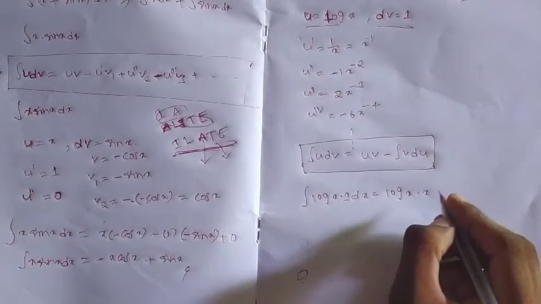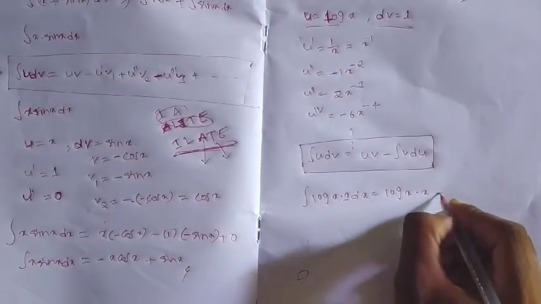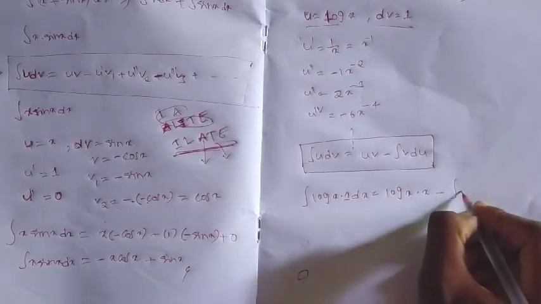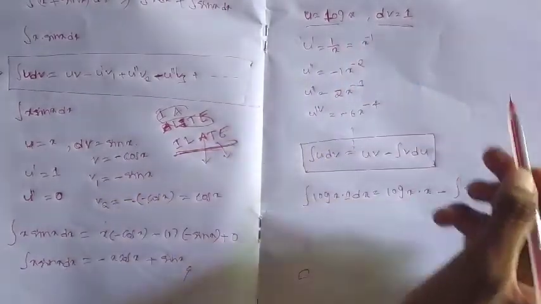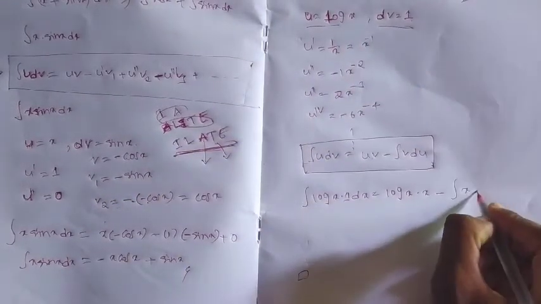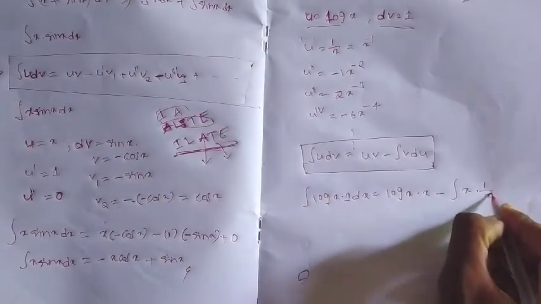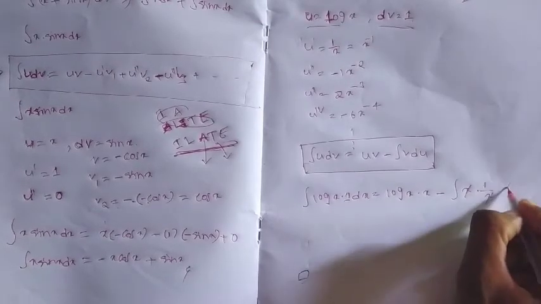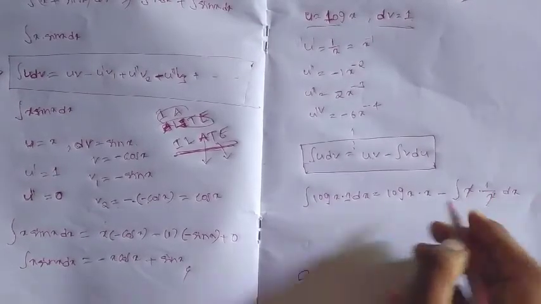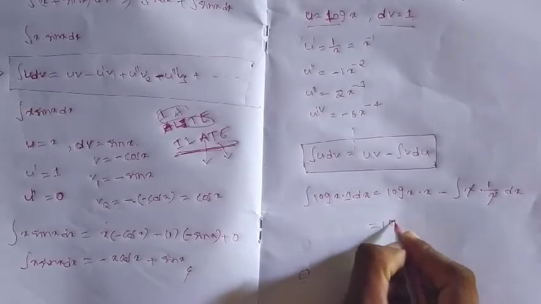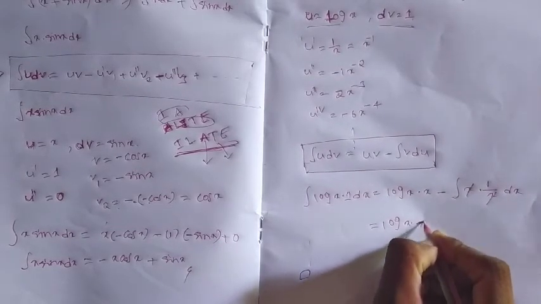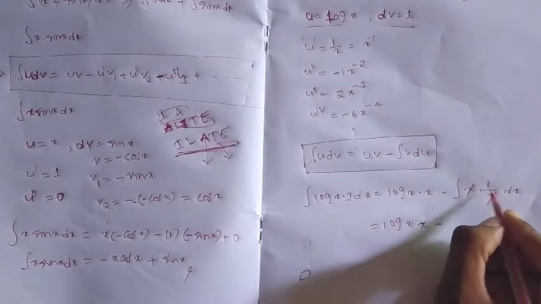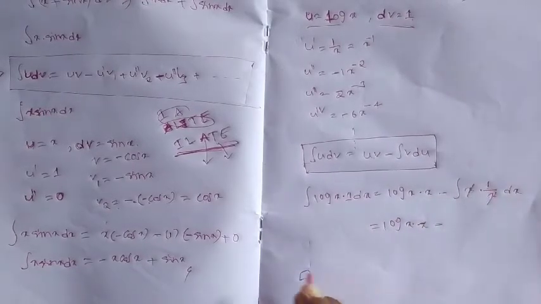So I am directly writing here log x into x minus integration of v is x and du. du means differentiation of log x, and differentiation of log x is 1 by x. So x gets cancelled. This becomes log x into x minus integration of 1, and the integration of 1 is x.